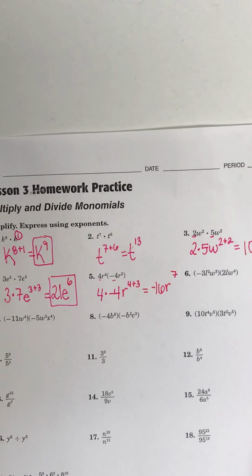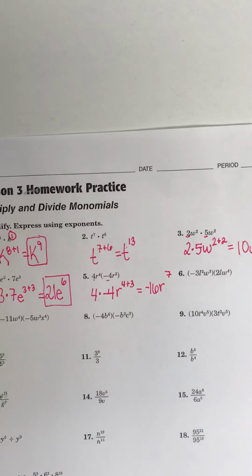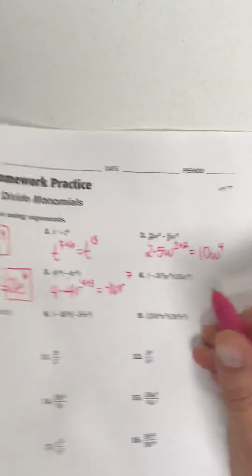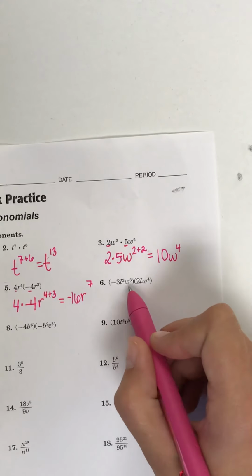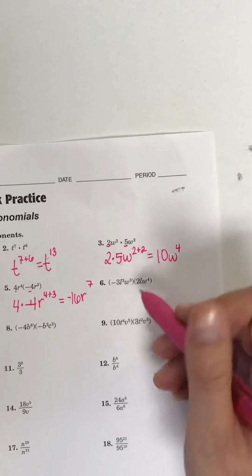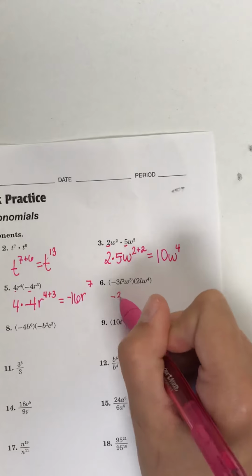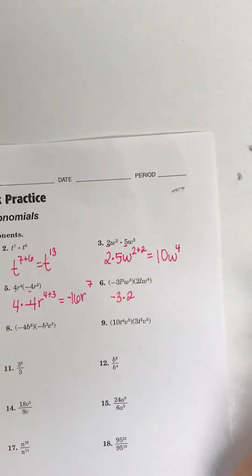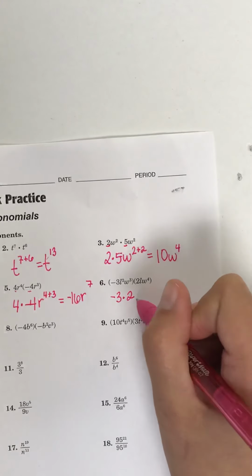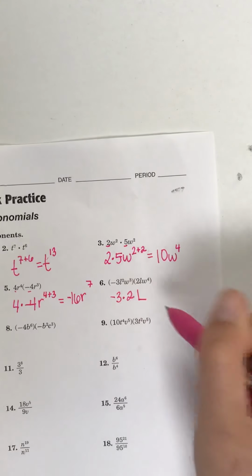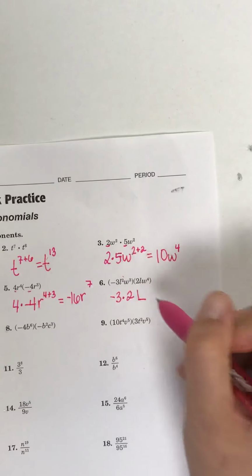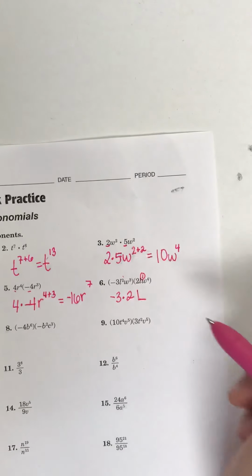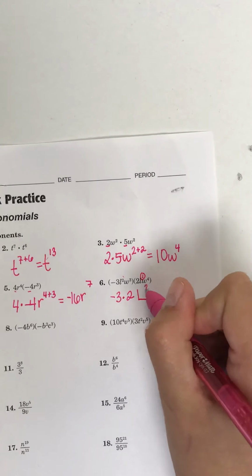Okay. Now if we look at number 6, that's an L and that's an L. Those are not ones. So the first thing I want to do is take my coefficients, which are negative 3 and 2, and I'm going to multiply those together. Then I'm going to take my first letter, which is an L, and I'm going to take its exponents, which there's a 2 on top of this L, and there's an imaginary 1 on top of the second L. So it's going to be a 2 plus 1.